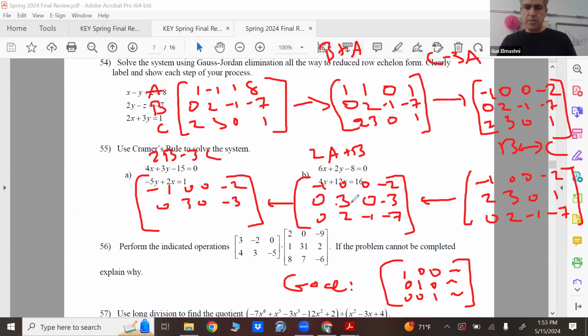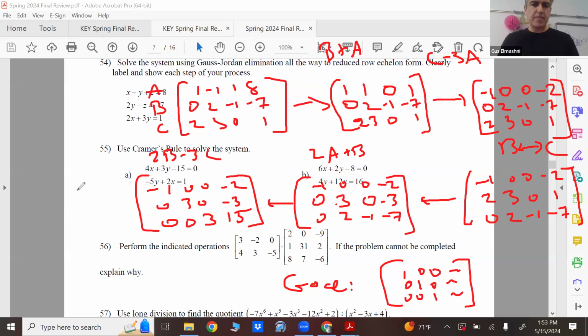So I did 2B minus 3C, that will be 0, 0, because it should go away. That should be 3. And negative 6 minus negative 21, that should be 15, I think, if I do it correctly. Yeah, negative 6 plus 21. Yep.